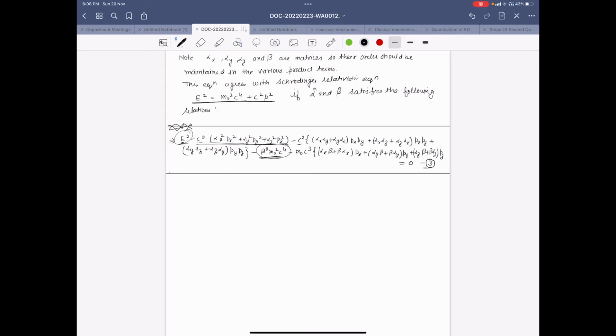This equation will become this only when alpha x square, alpha y square, alpha z square are all 1, and alpha x alpha y plus alpha y alpha x, alpha x alpha z plus alpha z alpha x, alpha y alpha z plus alpha z alpha y are equal to 0. These will be 0 only when they anti-commute, that is, we can say alpha x, alpha y, alpha z anti-commute.